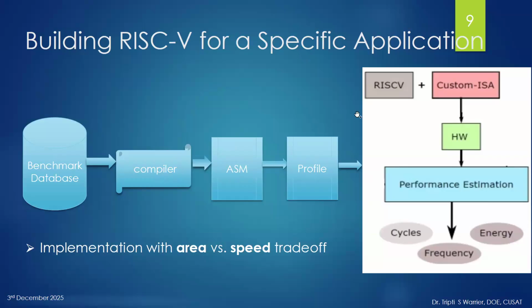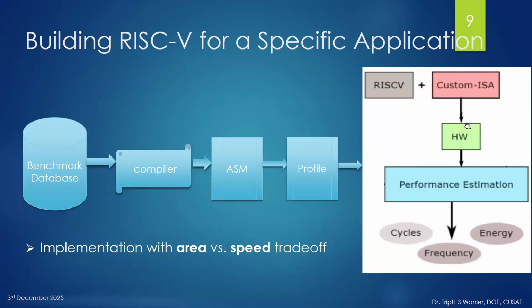So you will have a count for each instruction, and looking at it, you can decide which instructions should be available in your processing core, and accordingly, if you can map it to a particular extension, come up with a customized RISC-V for a particular application.